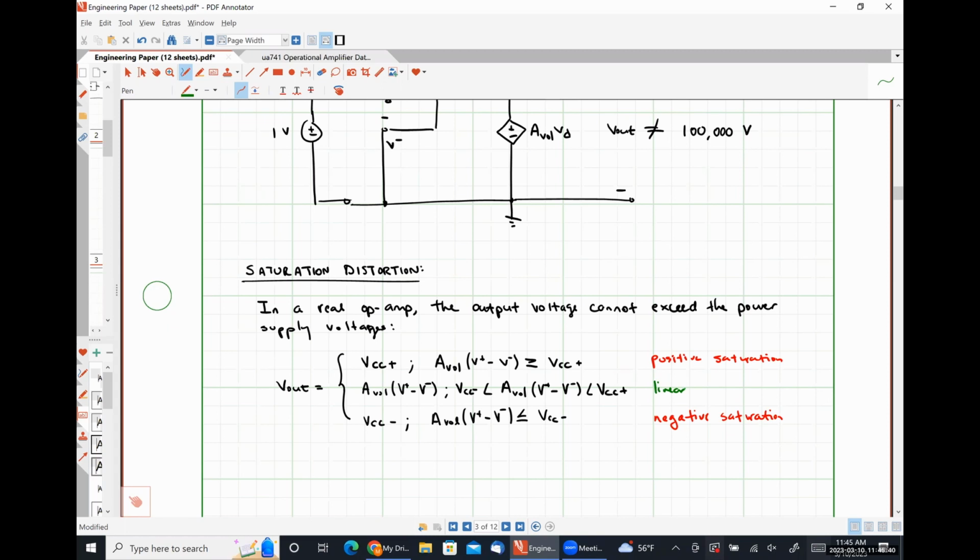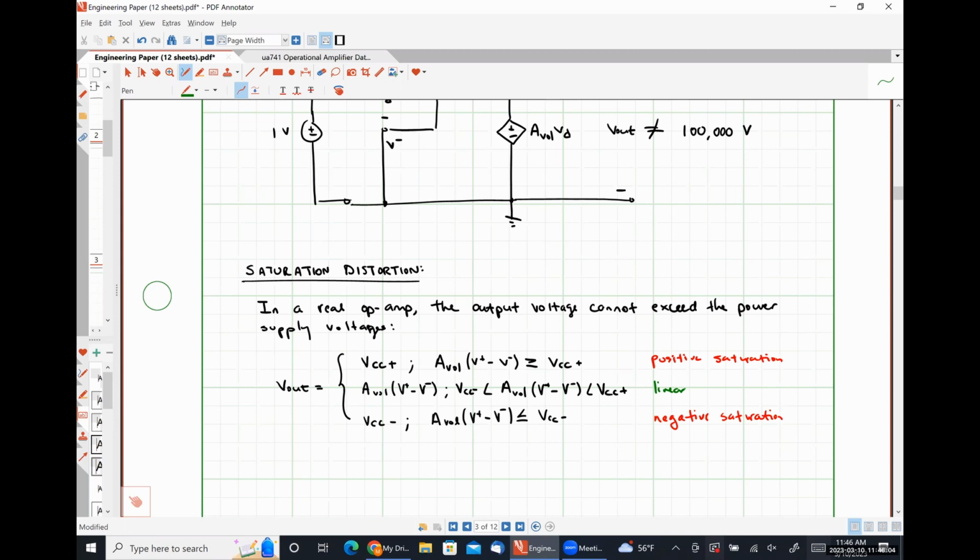So what saturation means in electrical engineering is that a change in the input signal does not generate a corresponding change in the output. So in this case, it doesn't matter how much larger our differential voltage gets, our output stays constant.